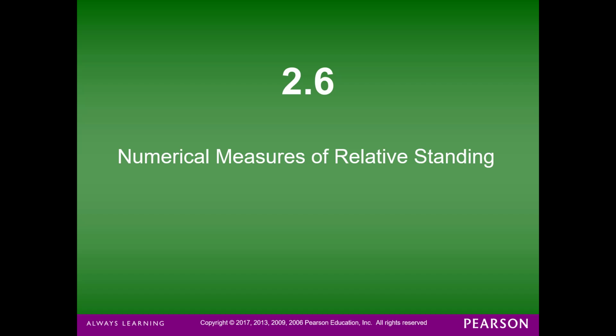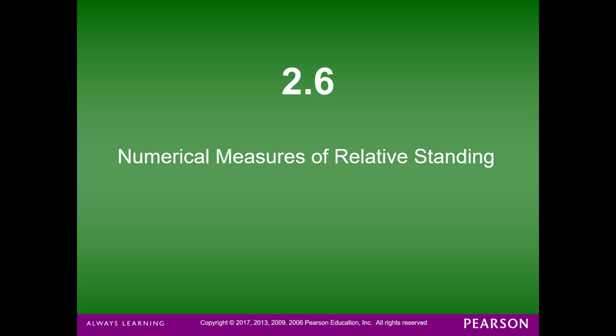In sha Allah, we'll start with section 2.6, named numerical measures of relative standing. We have seen that numerical measures of central tendency and variability describe the general nature of a quantitative data set, either a sample or a population.